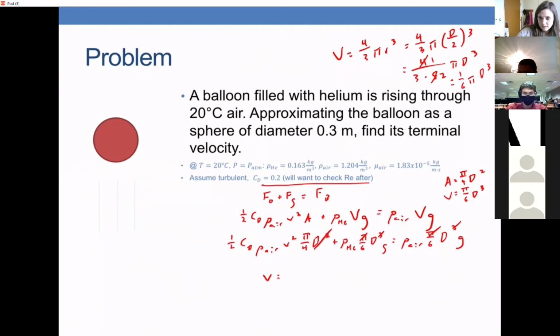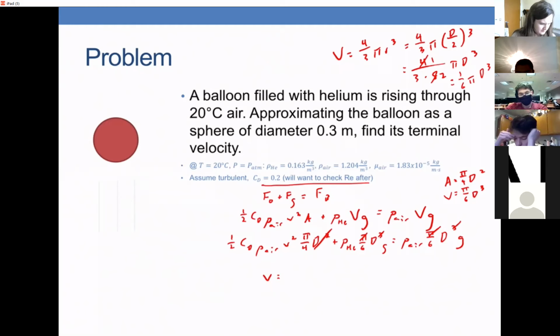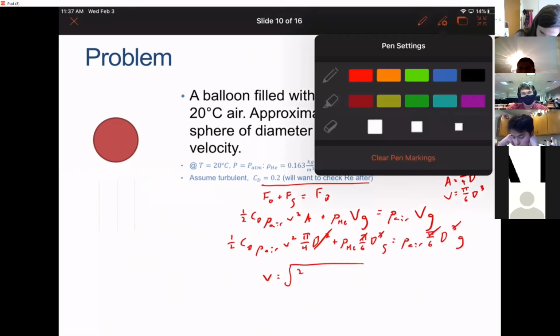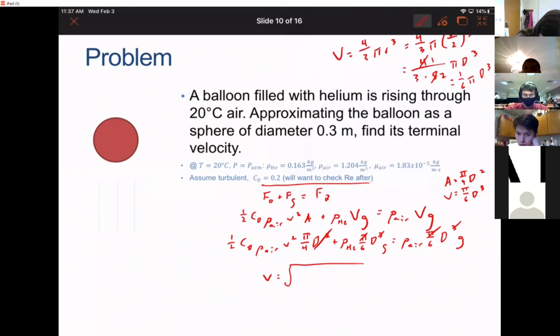Okay, so we have an estimate for the final answer from Rankin. Rankin, can you tell me symbolically what you got for V before you plugged in numbers? Yeah, I got 2 VG times the difference of density of air minus density of helium, over the drag coefficient times density of air times area, and then you square root the whole thing.